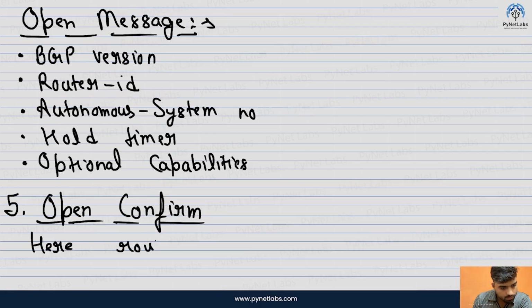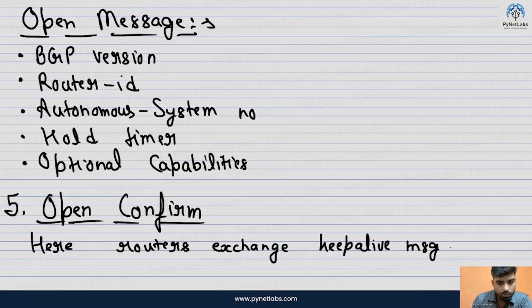So here, routers exchange keepalive messages. Now the question is, why are the routers exchanging the keepalive message? The purpose of exchanging the keepalive message is to make sure that your router is active and it is able to exchange the routes now.